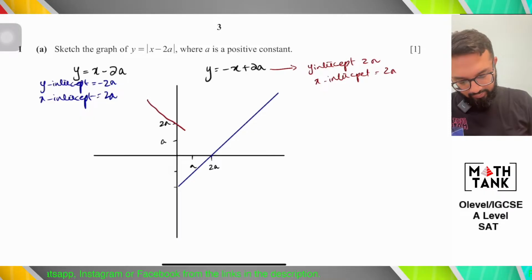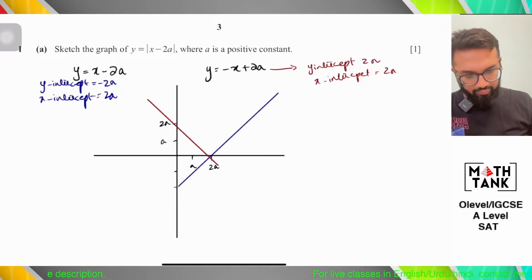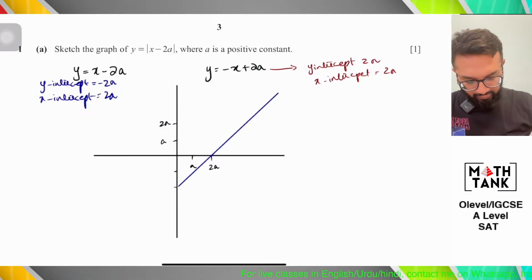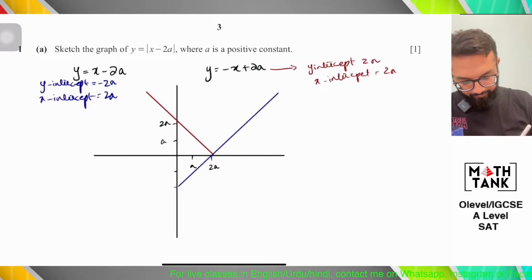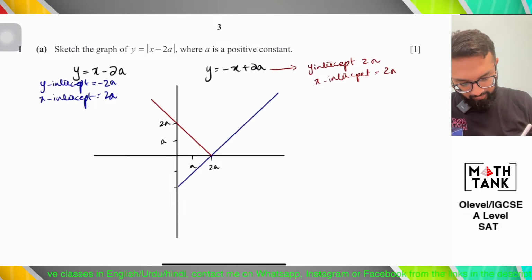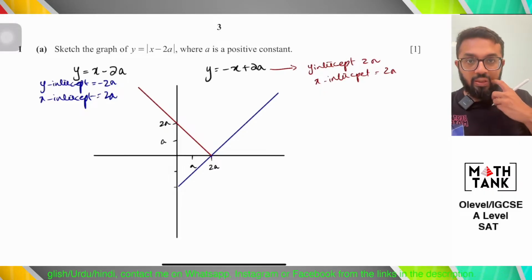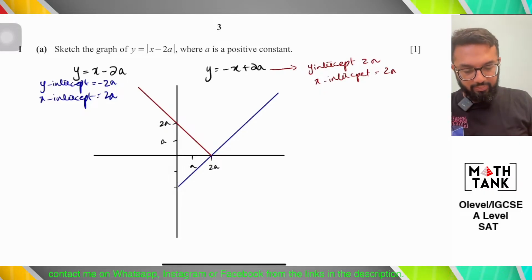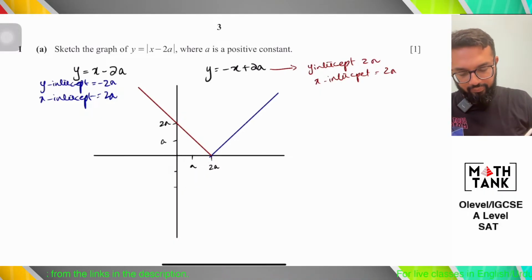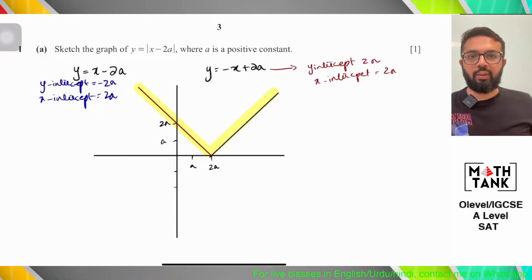So that line looks something like this. Really, it should pass through all of these. Okay, so you keep the V that's visible and you erase the rest. That is your graph of modulus of x minus 2a.